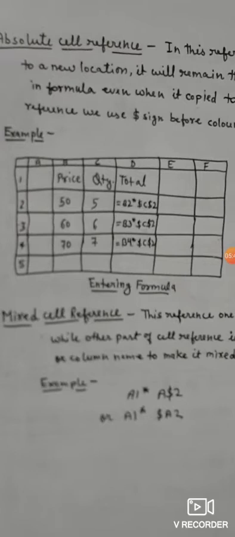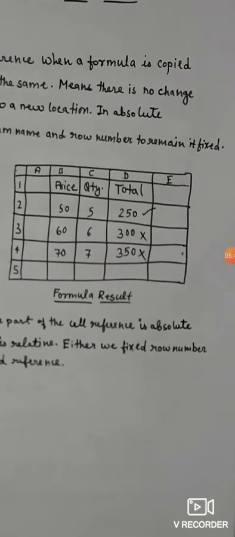So the result of this will change from the first one. See here, in price, first one is correct because we use formula relative to that, 50 into 5, 250. But in second and third, the result is 300 and 350. Means in first part that contains column B, 50, 60, 70, that is relative, but in second part that contains 5, 6, 7, the cell reference is fixed, so it always takes C2.